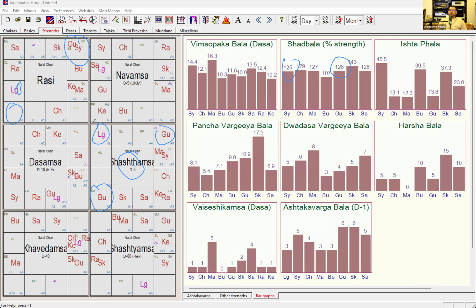Lagnadipati itself is Guru in D6. So that is also looking fine. Lagnadipati is placed okay, not such a bad position. But what happens? Guru, is he in a happy place or a bad place? He is in Buddha's place. So now you got a problem here, because here also the same is happening. Surya is also doing it.